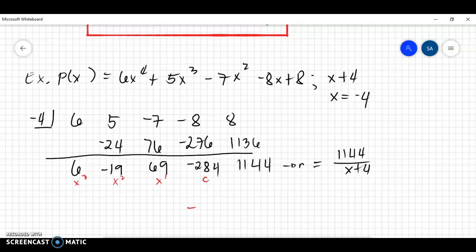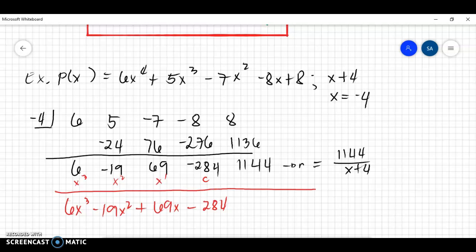So, we have negative 284, 69x minus 19x squared, and 6x cubed. So this is your quotient plus the remainder 1144 over x plus 4. This is our quotient.